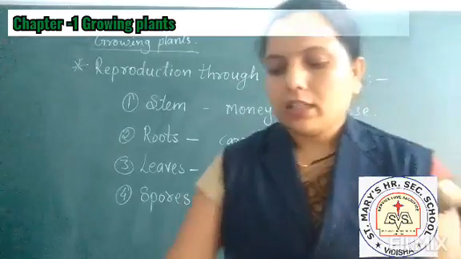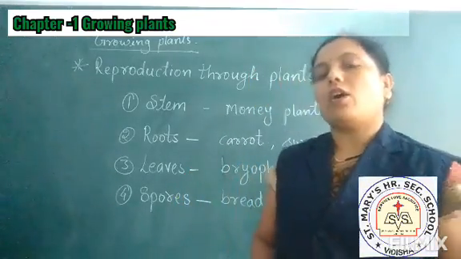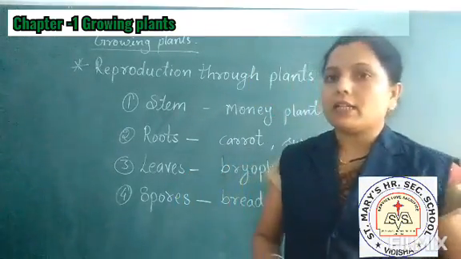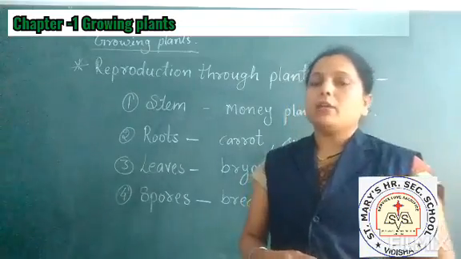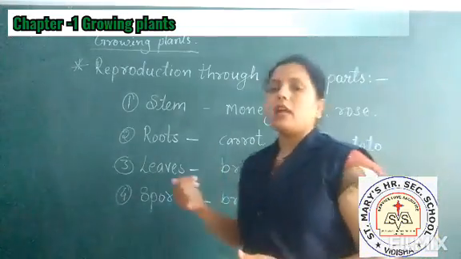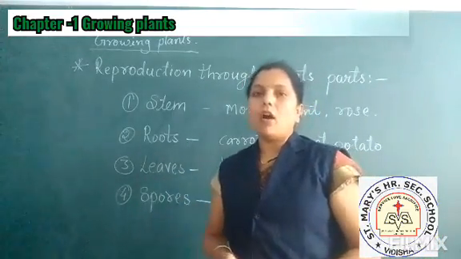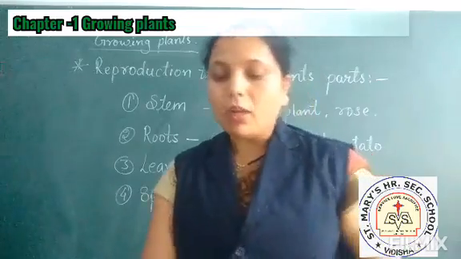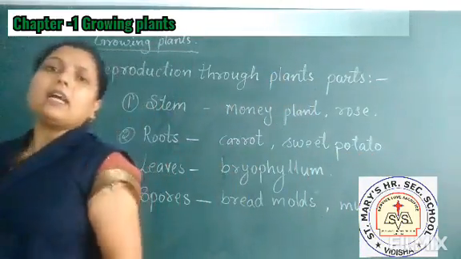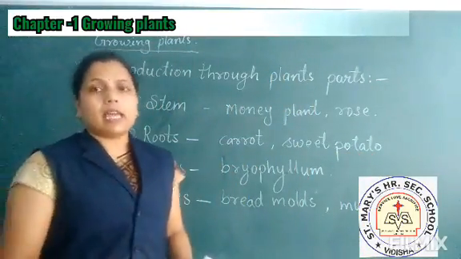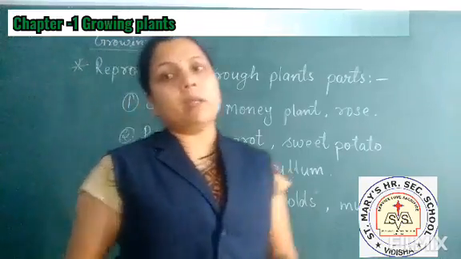By the buds or the eyes, we can plant a new plant, or we can reproduce the plant by the stem directly. The examples are rose and money plant.